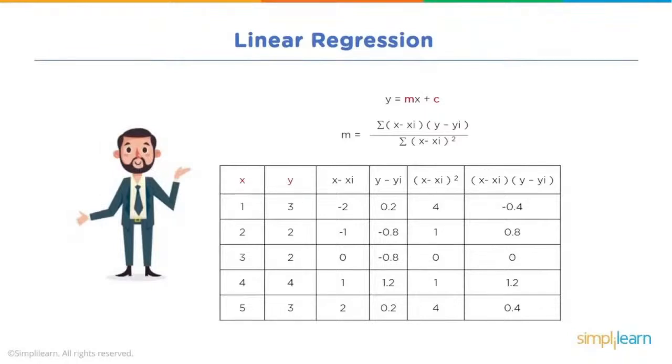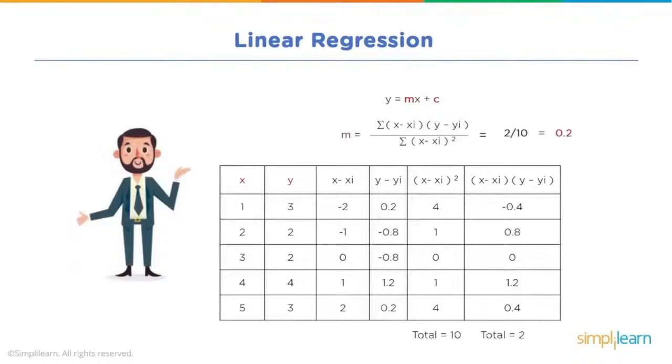We fill in the columns of x minus x mean and y minus y mean, and from those we compute (x minus x mean) squared and (x minus x mean) times (y minus y mean). The next step is to sum the columns. We get a total of 10 for (x minus x mean) squared, and a total of 2 for (x minus x mean) times (y minus y mean).